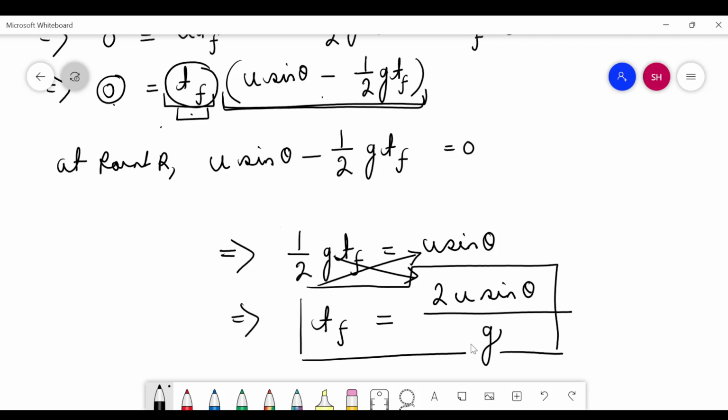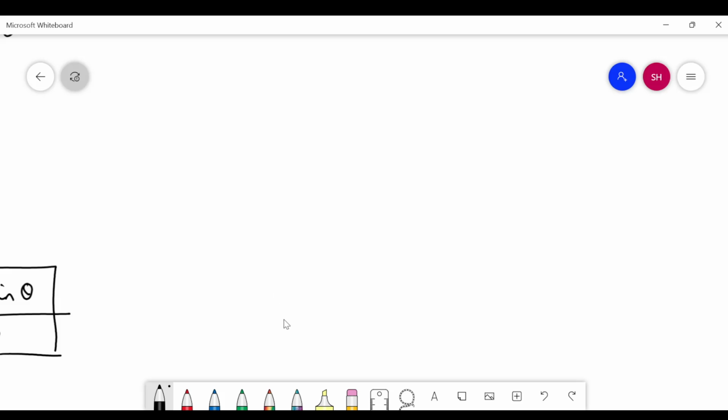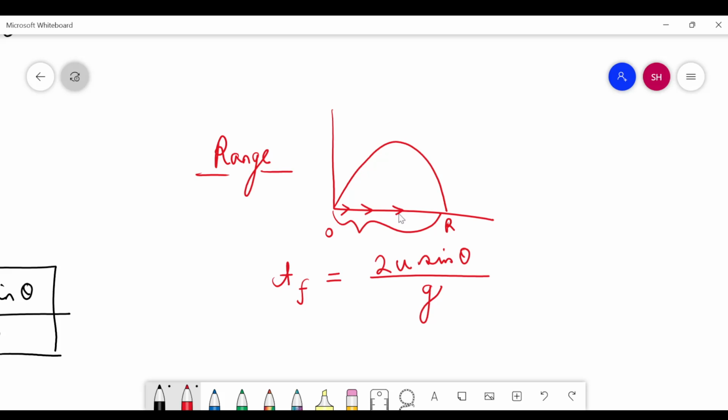Now let's talk about the range. The range means the distance the projectile has covered from here to here. So this is our range OR. We have found time of the flight to be 2u sine theta divided by g. If we multiply it by the x component's velocity, then we will be getting the range.